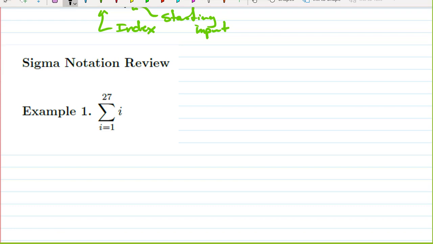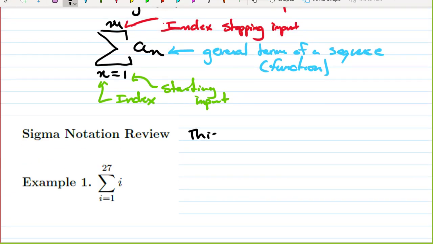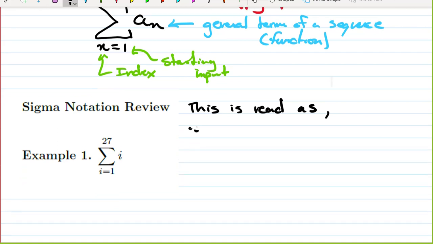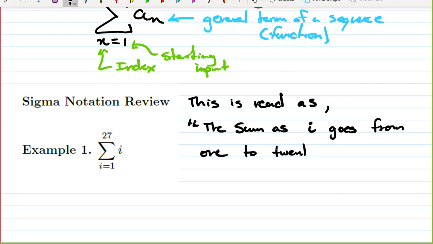The first thing is this symbol is read as: the sum as i goes from 1 to 27 of i.